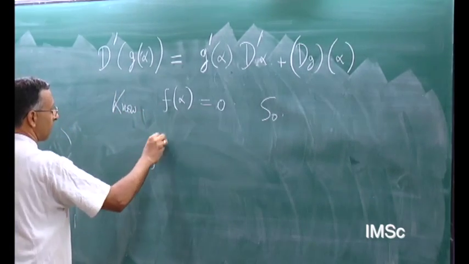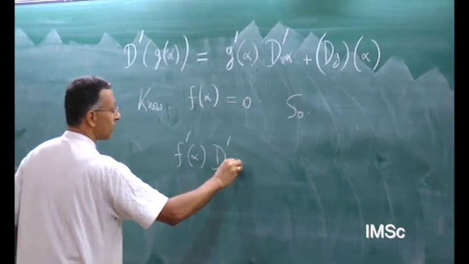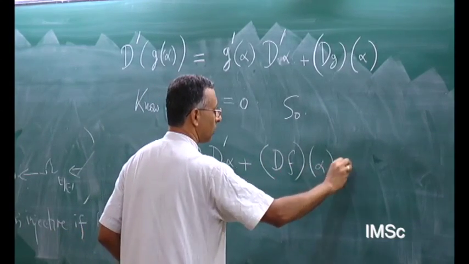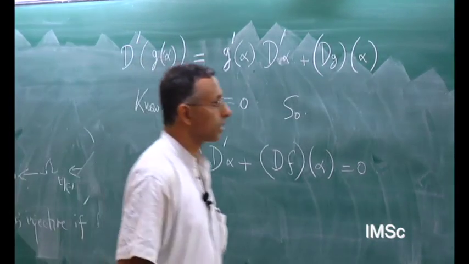So that is f' alpha d' alpha plus df of alpha equal to 0.